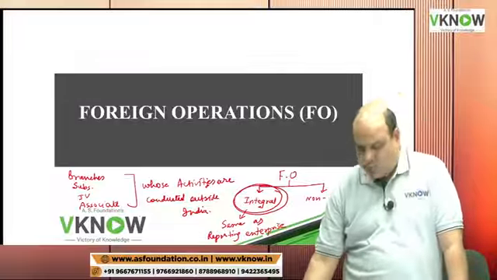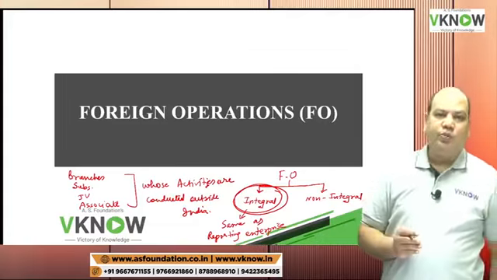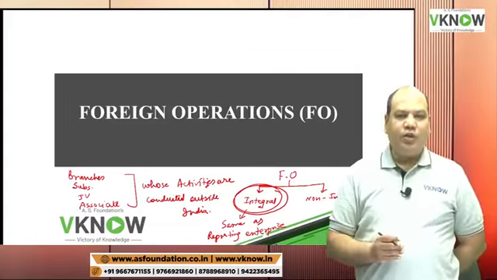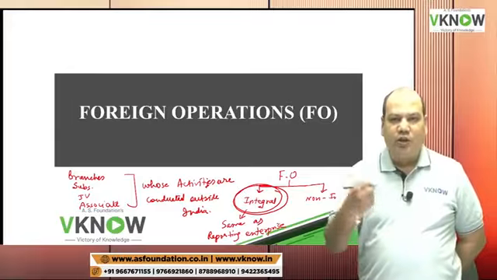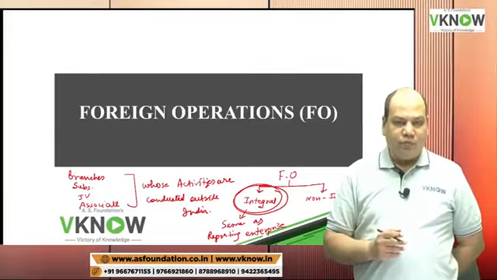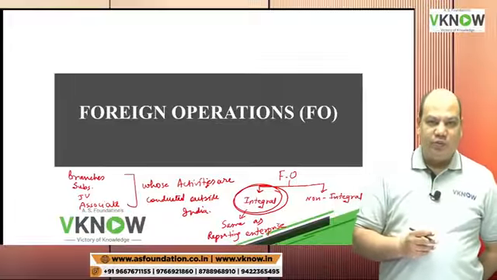Integral operations means they are just the extended arm of the reporting enterprise. They are carrying out the same operation of the reporting enterprise in the foreign country. They are there to promote the business of the reporting enterprise.